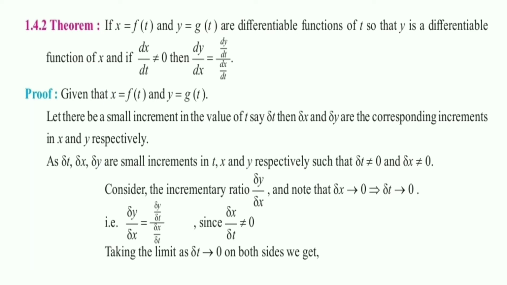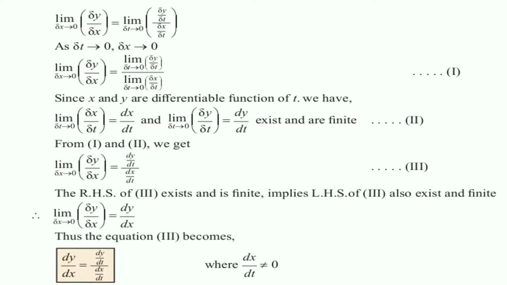Taking the limit as delta t tends to 0 on both sides, we get limit delta x tends to 0 of delta y upon delta x equals limit delta t tends to 0 of delta y upon delta t upon limit delta t tends to 0 of delta x upon delta t.